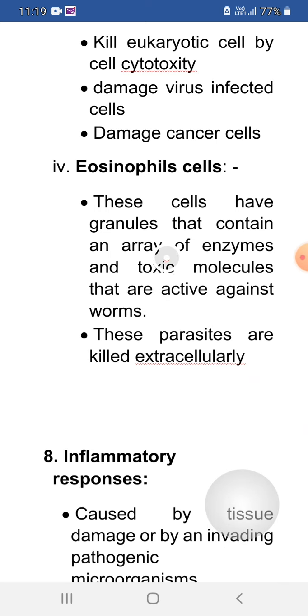Parasites are multicellular. They are made up of many cells. Eosinophil is just one cell, so the parasite is much larger than the eosinophil. It cannot engulf it. So a number of eosinophils come together, produce chemicals or enzymes and pour them on the parasite, and they kill the parasite. That is also cytotoxicity, but now by several eosinophils because the parasite is so big.